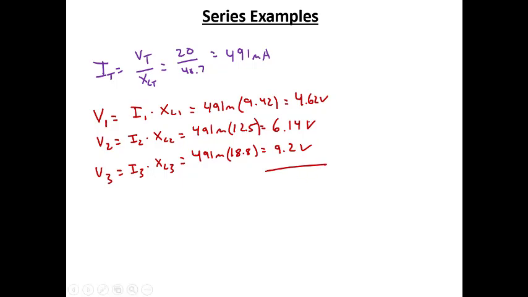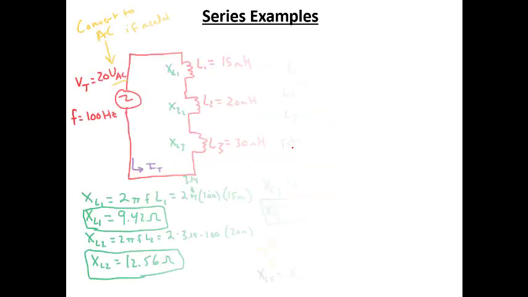Now, just to double check these, I'm going to add these up on my calculator to see if they add up to the 20. So 4.62 plus 6.14 plus 9.2, I get 19.96. So that's pretty close to 20. All right, so let's transfer this one back over, 9.2 volts.